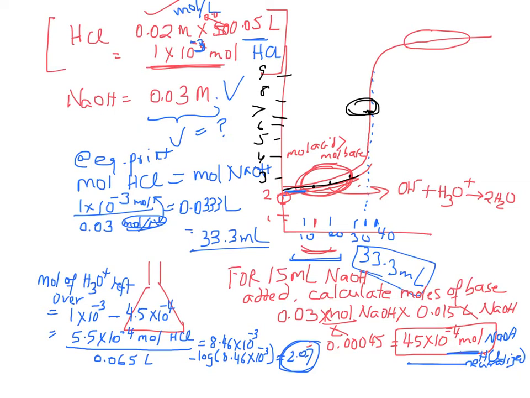The strong base has completely neutralized the strong acid. The only source of hydronium ion then is going to be the ionization of water, and since that, you already know from chapter 15, is 1 times 10 to the negative 7, when you take the negative log of that, the pH is going to come out to be 7.00.